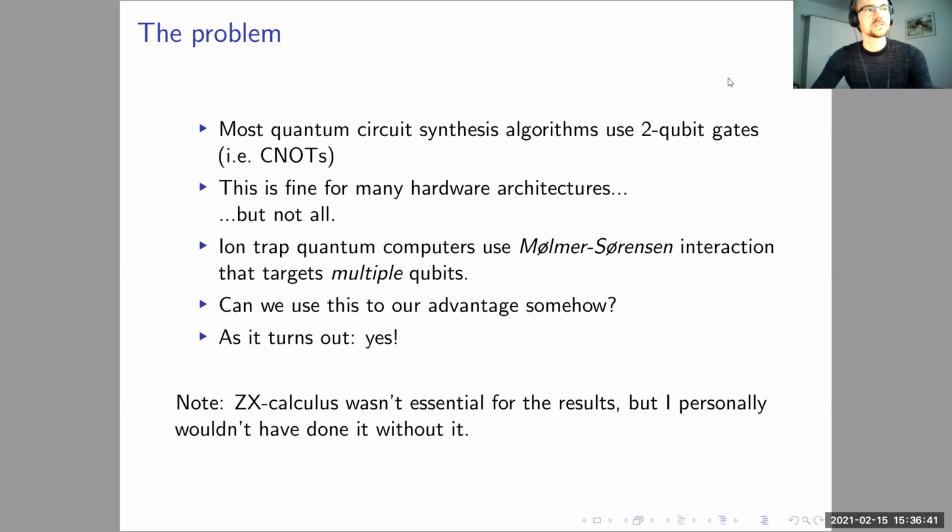But in a sense, it also was, these results wouldn't have existed without it, because when I read the original paper that inspired me to do this, I didn't really understand the circuit equalities they had until I translated them into ZX, and then I could easily generalize them and get the results I have here. So I think it's a really cool use case of ZX calculus, but technically you don't have to use it. But I think it's still a cool demonstration that it makes it easier to reason about it.